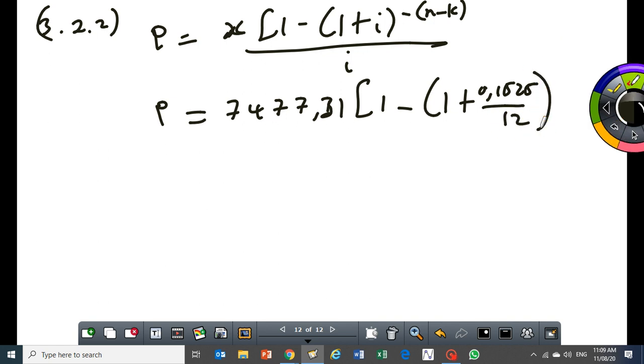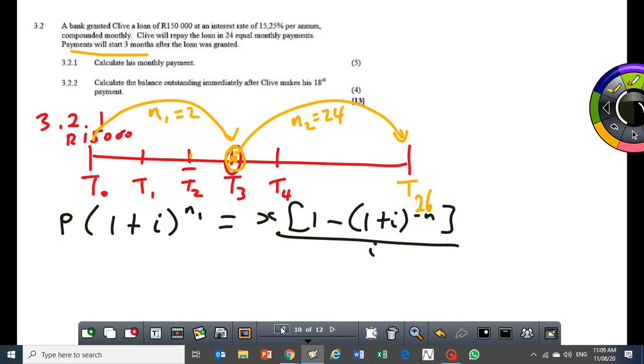Now the question is, what is that n? Let's go back to the original question. Remember, I did a timeline. Where does the annuity start? At T3. So your n is 24. And what's your k? It will be 24 minus 18, which is 6.